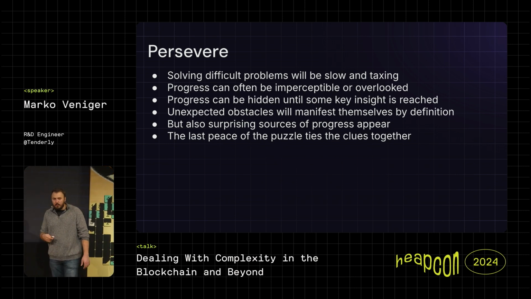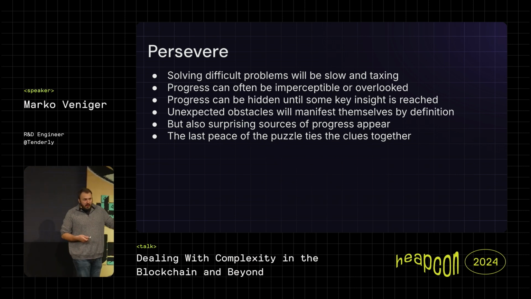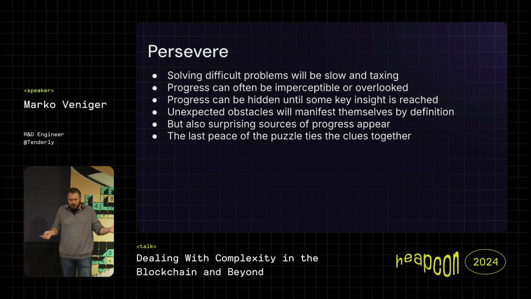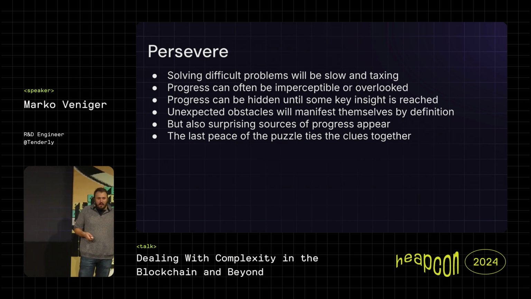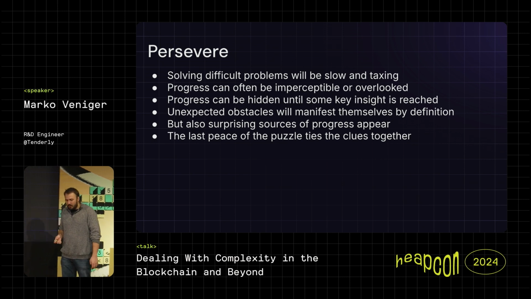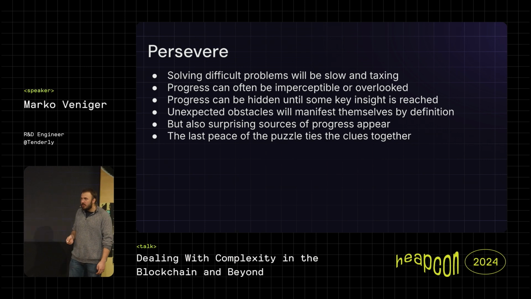You couldn't see anything. But actually, without me knowing it, I was making progress, I just couldn't see it. It's like solving a murder mystery. You maybe see a raincoat there, maybe you see some steps over there, but those are not progress. You just saw a raincoat. But maybe later you find out that the raincoat has actually been included somehow, and you did make progress by acknowledging that it exists. You didn't see it as progress because it wasn't relevant at the time. So unexpected sources of progress can appear like that.